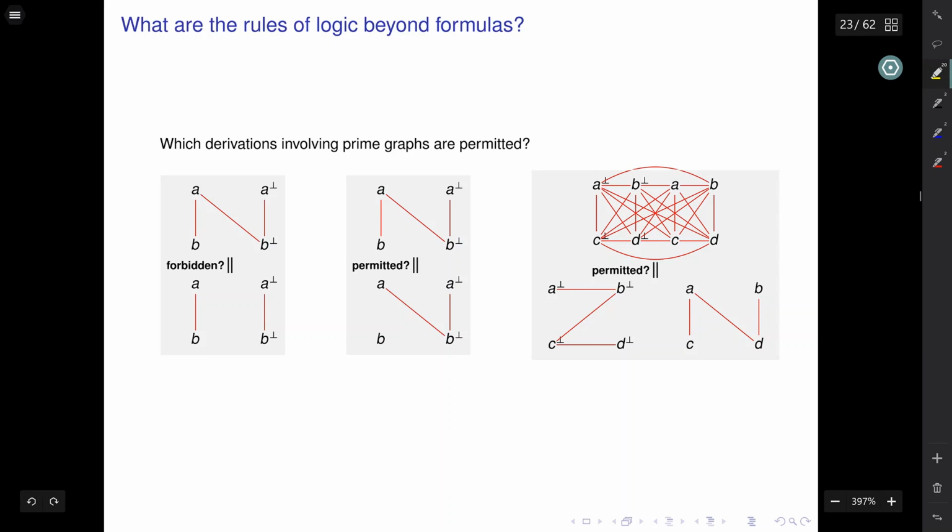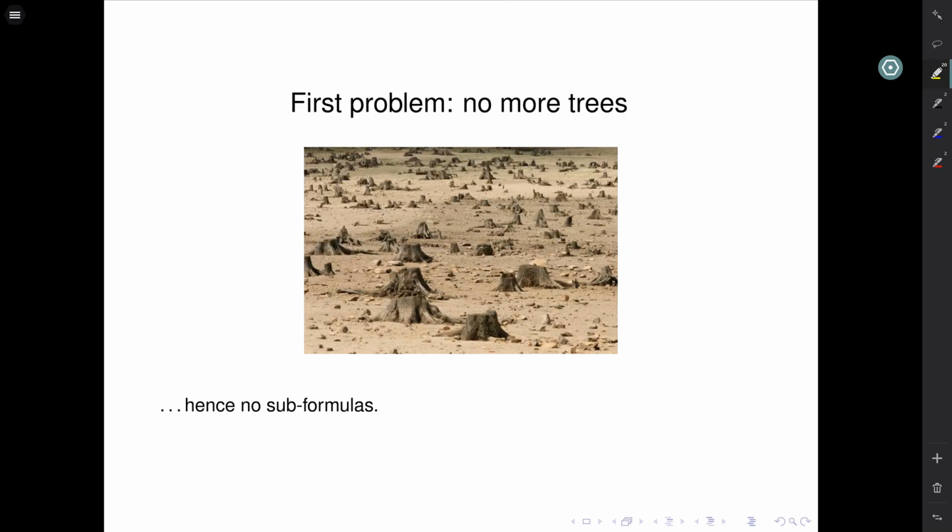And what's happened above is every dependency has been added except the dependency which is basically allowing the A and the not A to appear in the same context as each other. So there's no dependencies between A and not A. Similar between B and not B, C and not C, and D not D. So which of these should we allow and which ones should we forbid? The first problem we face when designing logics on graphs rather than trees is that we have no longer subformulas.